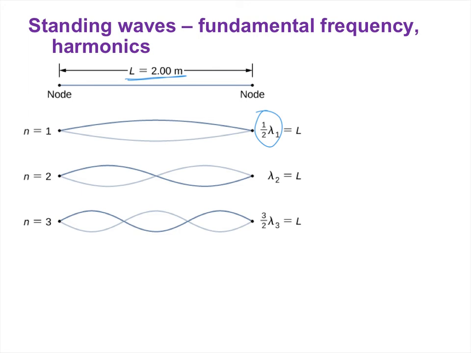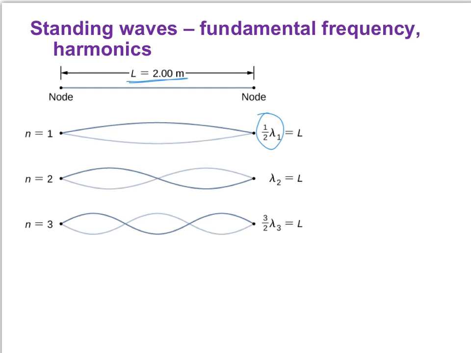And this is also called the fundamental, because it's the simplest wave that can be set up here. I'll go into a little more detail in the next slide about how we would find the frequency.